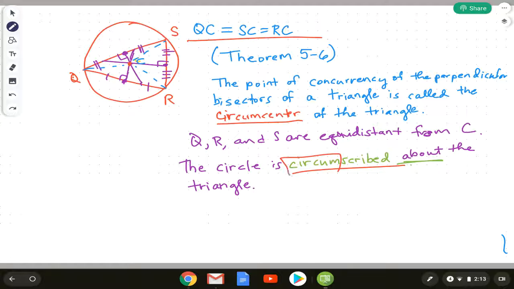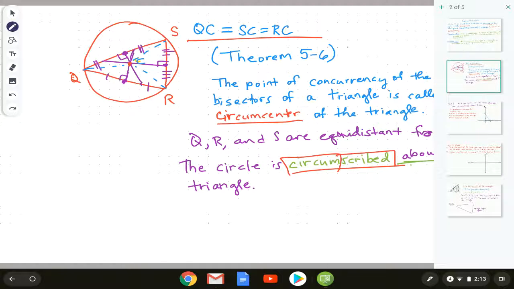Circumference is a word that we use when we talk about the distance around a circle. So we've drawn a circle. Described means to write or draw. So this circle is drawn around the triangle, and it's only touching at the vertices. So that is a circumscribed circle, and its center is the circumcenter.